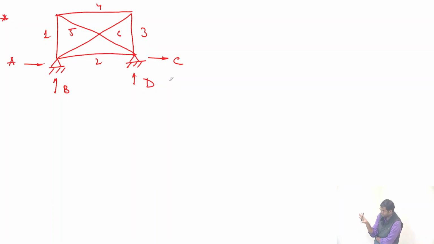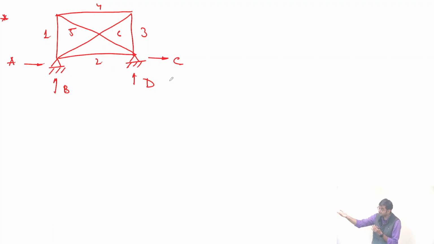So that's how 1 plus 1 becomes 2. The indeterminacy is 2, out of which 1 is external, one is internal. What does it mean? It means that if, let's say, C and D fail. C and D are the load carrying capacity of the joint.